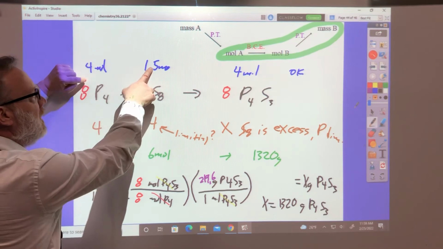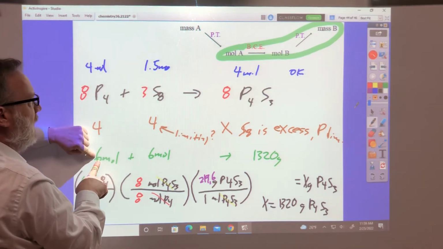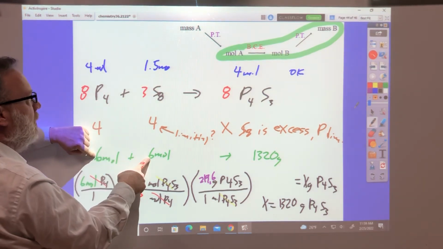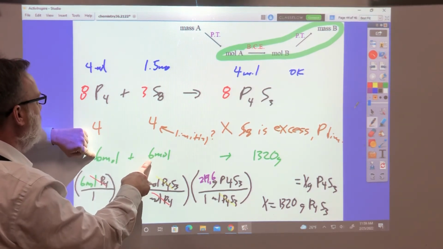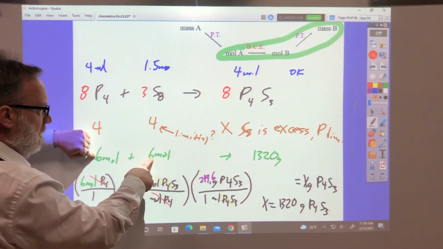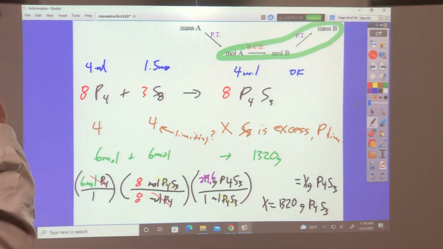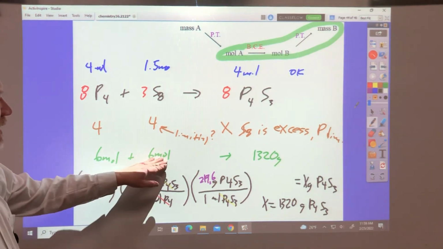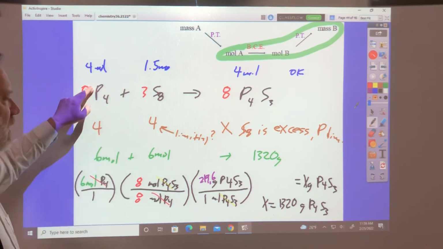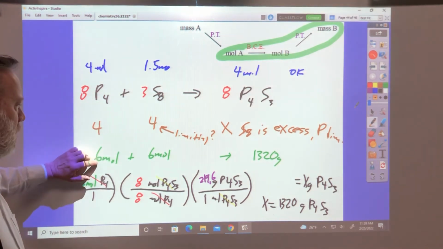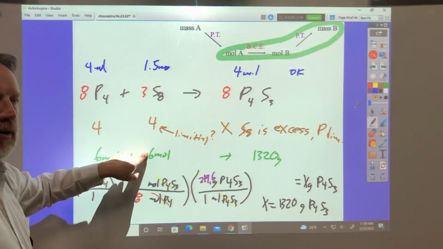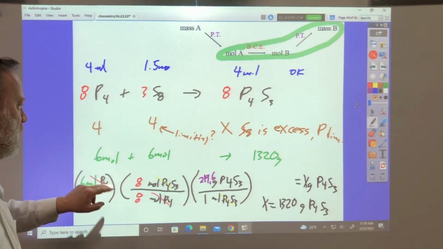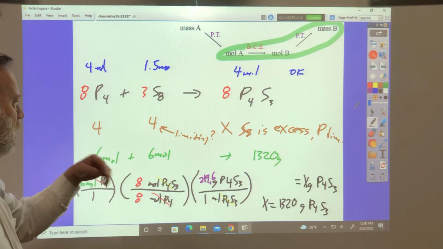If I have 4, I need 1.5. If I have 6, I need something less than 6, 3/8 of 6, whatever that is. So I know this is excess and this is limiting. If you don't know how I know that, just rewind and look, or I'll explain it on Monday if you ask.